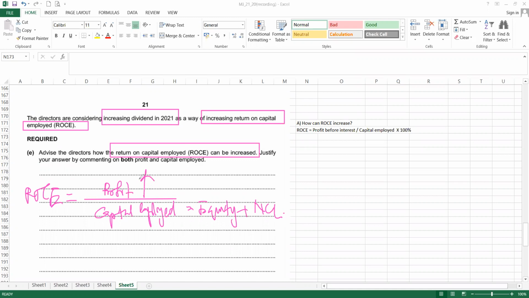That is one of the ways. Then this ROCE will increase. Or another way is to reduce the capital employed, and ROCE will increase.